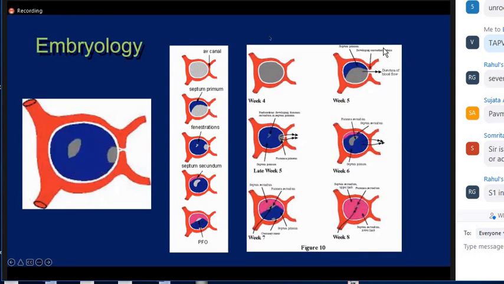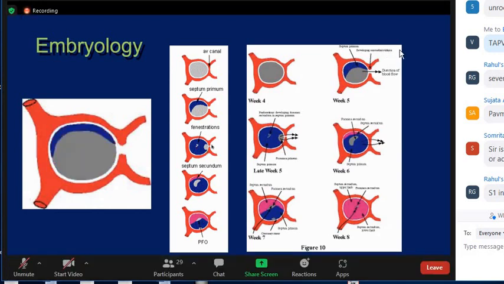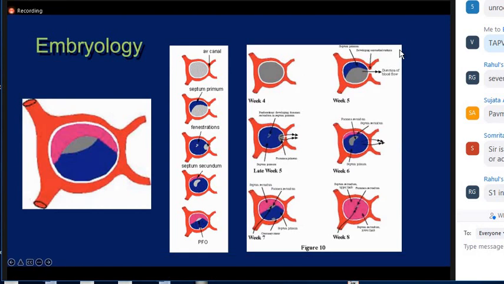Fenestrations will form, and complete fusion of the septum primum to the posterior endocardial cushion will happen. So there won't be any communication here, only fenestrations will be there.